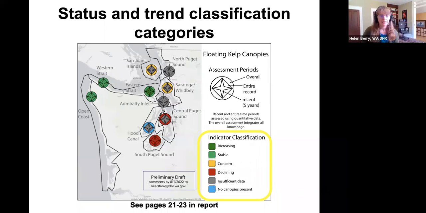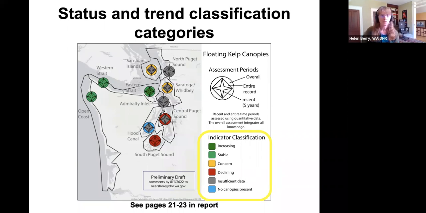We picked categories that we hope will provide a very clear bottom line message to a broad audience, not just to a scientist. Then we paired the categories with stoplight colors to underscore the message. By the way, we're still hotly debating these categories, so we're really interested to hear from all of you.